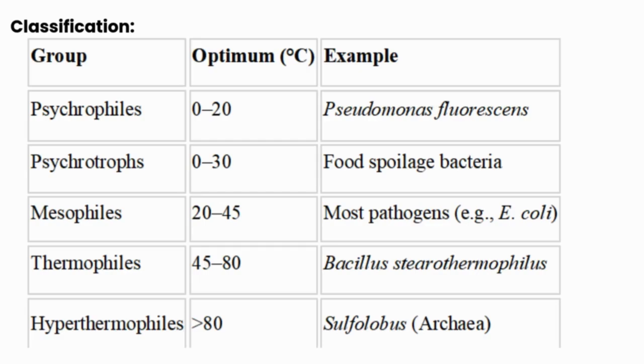Classification: group, optimum, degrees C. Example: psychrophiles, 0 to 20, Pseudomonas fluorescens; psychrotrophs, 0 to 30, food spoilage bacteria; mesophiles, 20 to 45, most pathogens, e.g., E. coli; thermophiles, 45 to 80, Bacillus stearothermophilus; hyperthermophiles, greater than 80, Sulfolobus, archaea.